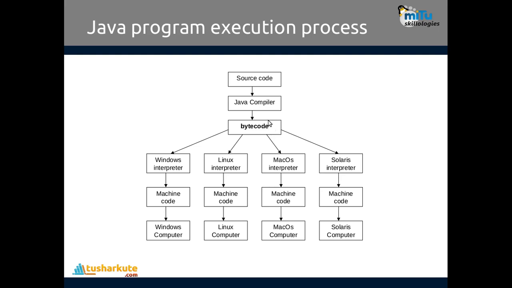This bytecode created by the Java compiler is platform independent, and every operating system contains its own interpreter by which the program will be executed on that system. So your output will not change. I am using a Linux operating system here, you may be using Windows, but our output will not change. By this method, the Java programming language is made platform independent.